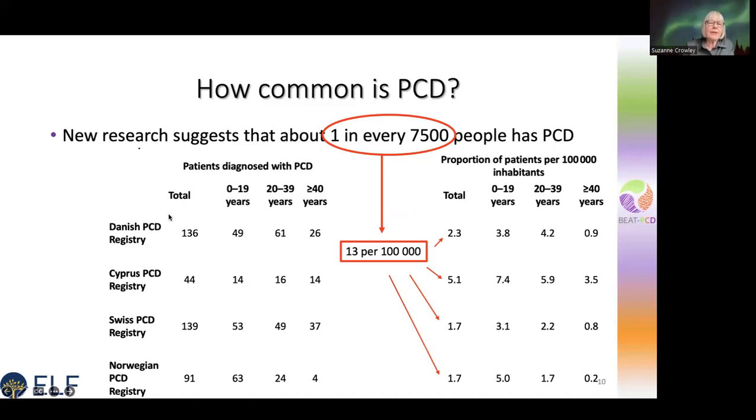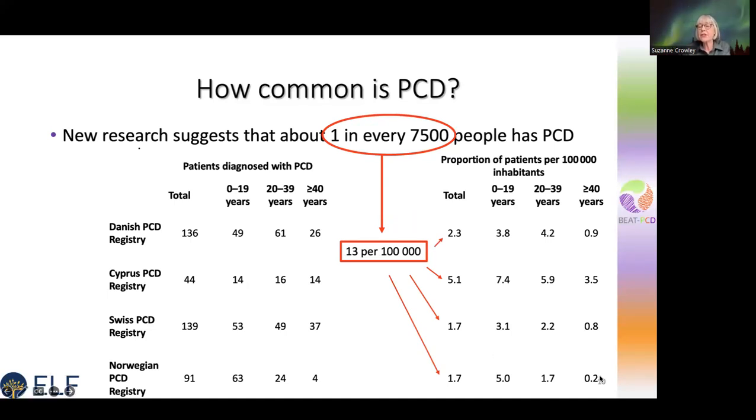Now, if we look over here, we've got some figures from European PCD registries, Denmark at the top and Norway at the bottom, with the total number of patients diagnosed in the whole country. If we move over to this side and look at the total number of patients diagnosed in these countries, it's the equivalent of 2.3 people per 100,000 and not the 13 we would expect. Norway is doing very badly at only 1.7 people per 100,000 when we would expect 13.